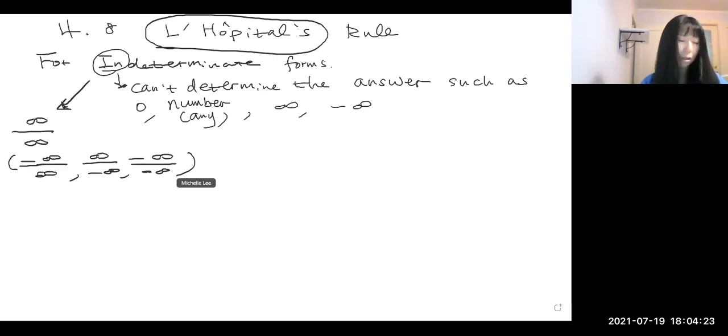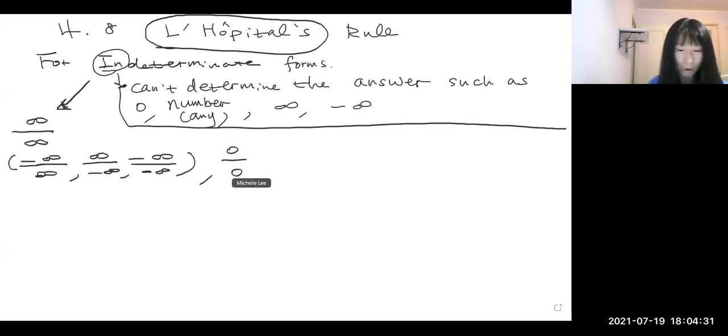So we just say infinity over infinity, right? And also 0 over 0 is also called indeterminate form.